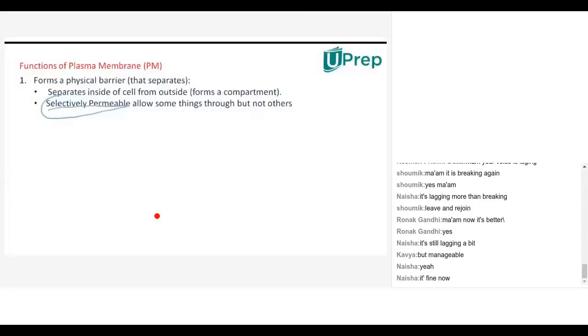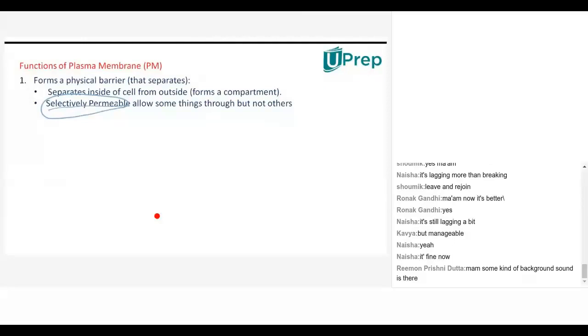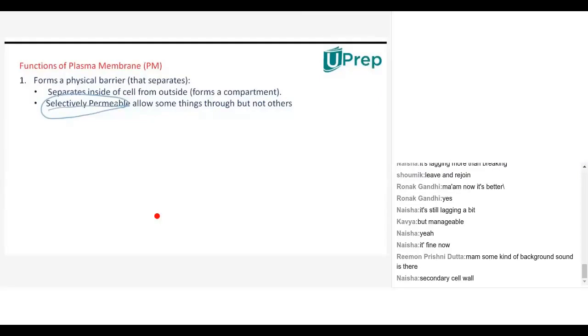When you remember the cell wall, it will have 3 layers we discussed: middle lamella, primary cell wall, then we'll have secondary cell wall. Yes, these are the different layers of the cell wall.